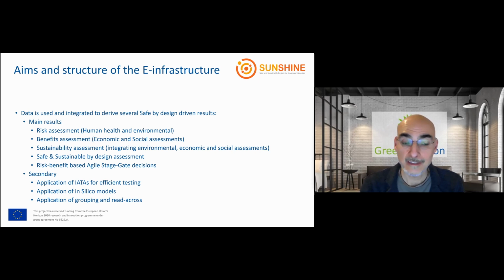So the main results that can be obtained by the infrastructure are about risk assessment, both human health and environmental risk assessment, also benefits coming from the product that are mostly related to economic and social assessments, an overall sustainability assessment, which integrates information from the environmental, the economic, and the social assessment. Then there is the safe and sustainable by design assessment, which integrates all the sustainability and the risk assessment part. And finally, there is benefit-based agile stage gate decisions.